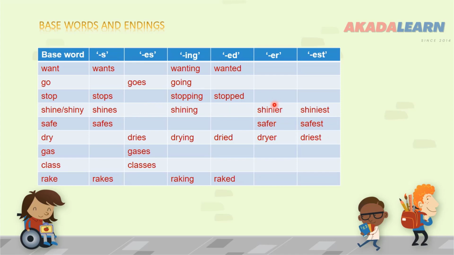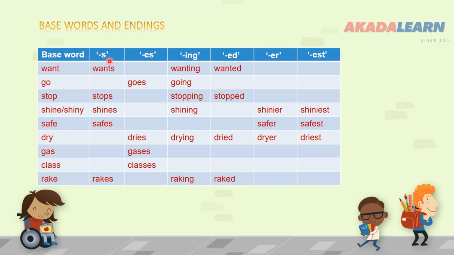Remember, I and Y usually have similar sounds, so in the English language, they change the Y to an I and they add an ER. Sometimes they add an EST and it becomes shiniest. Shiny, shinier, shiniest. Safe becomes what?